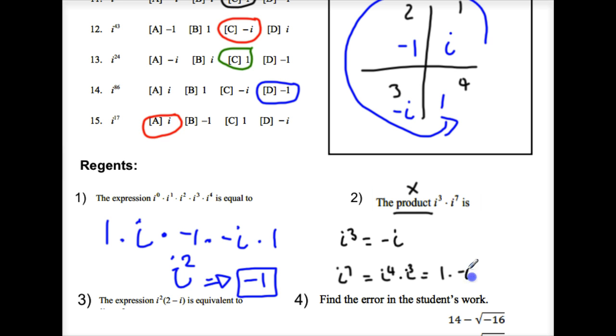Negative i. So when I multiply these two, i to the third times i to the seventh will be negative i times negative i. Negative times a negative is a positive. i times i is i square, which we all know is negative 1.